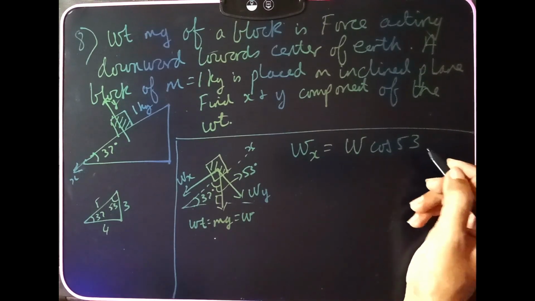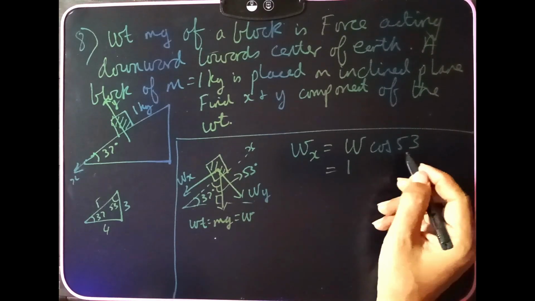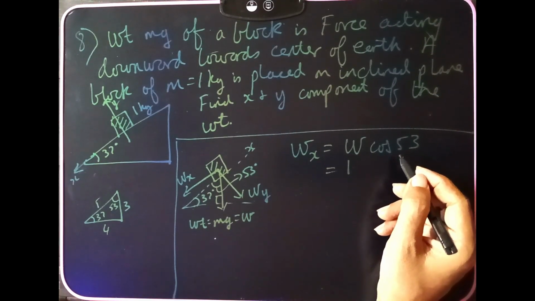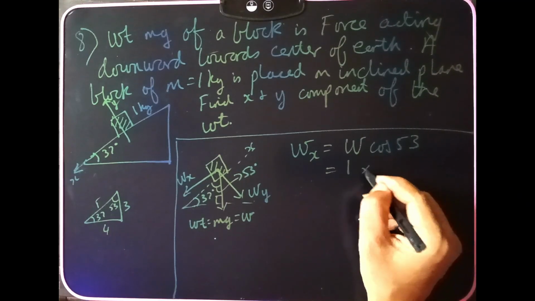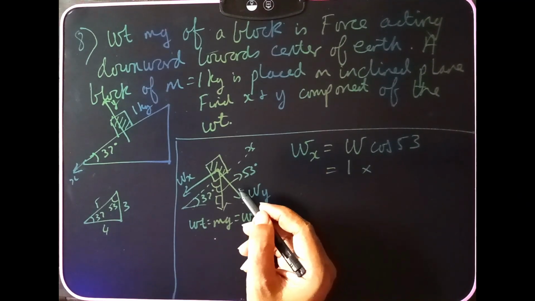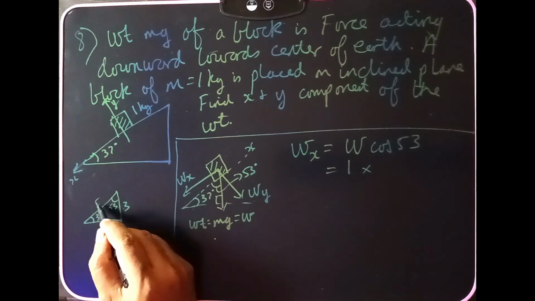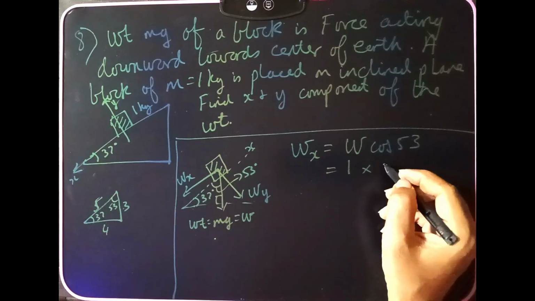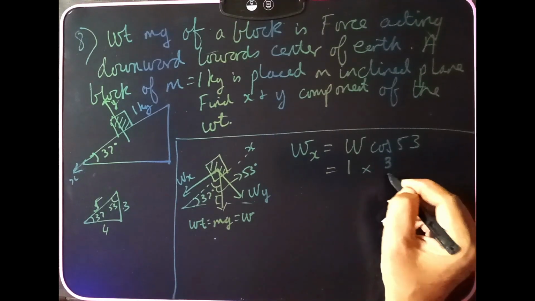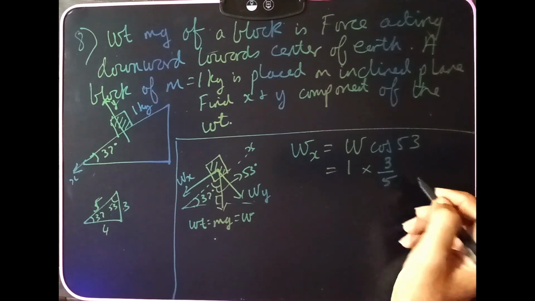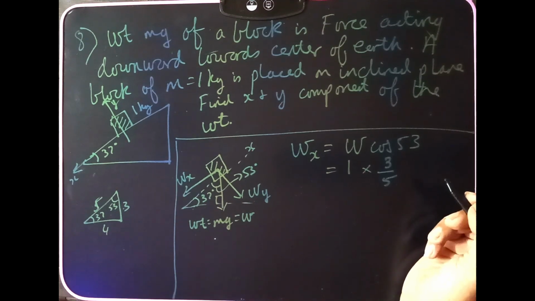W is given as 1 kg, so 1 into cos of 53. What is cos of 53? Cos of 53 is 3 by 5.